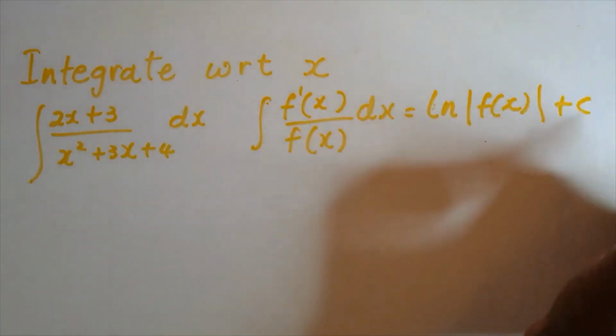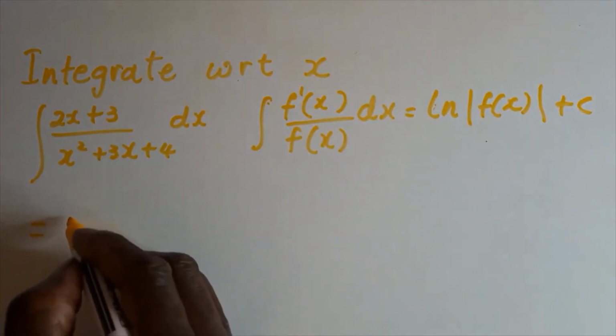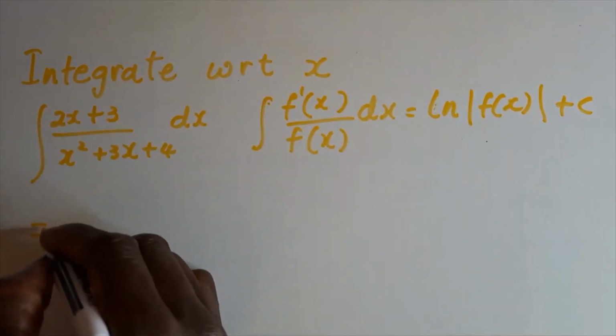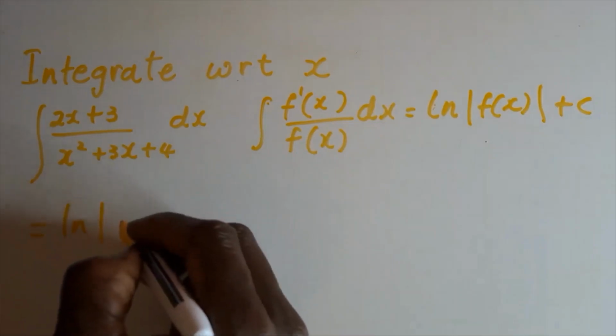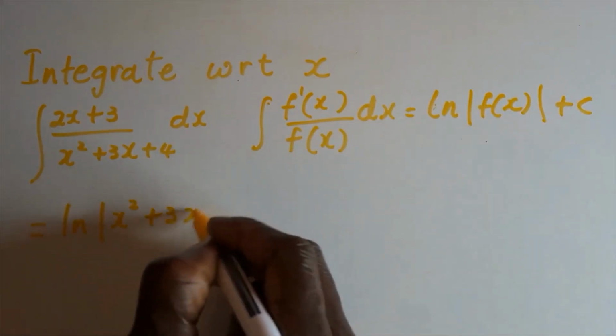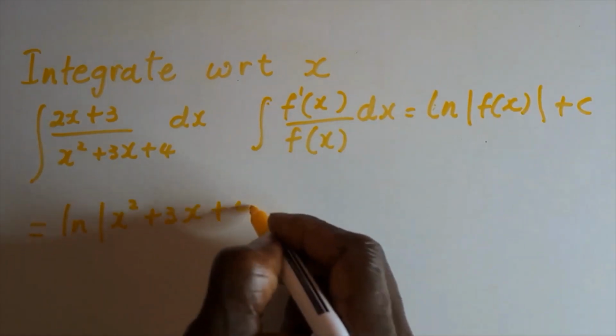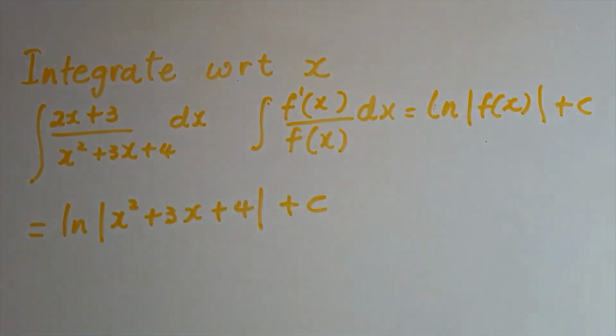We add our constant. So we can write immediately that this is equal to ln the modulus of x squared add 3x add 4 and the constant of integration.